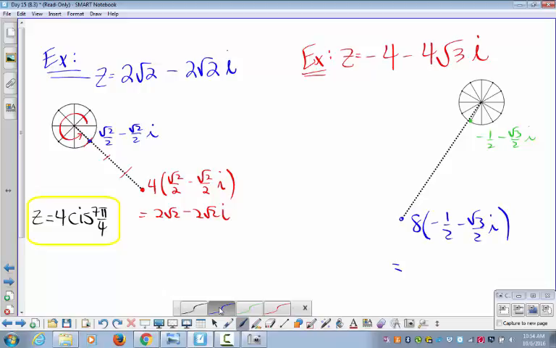So that's negative 4 minus 4 root 3 i. So that distance is 8. And our conclusion is that z is equal to 8 times cosine theta plus i sine theta, where theta is equal to, what's that angle? 4 pi over 3. Exactly. So that's our trigonometric form.